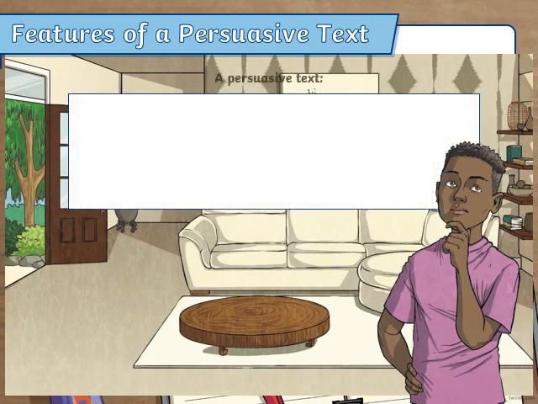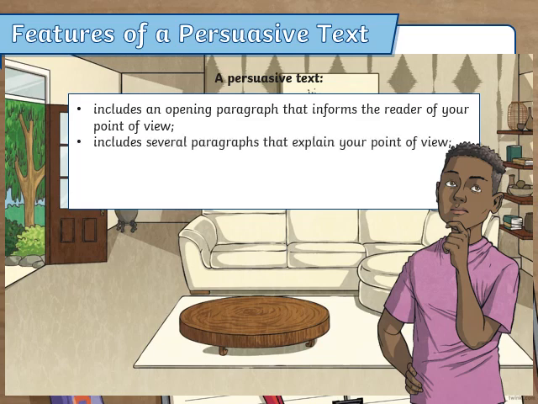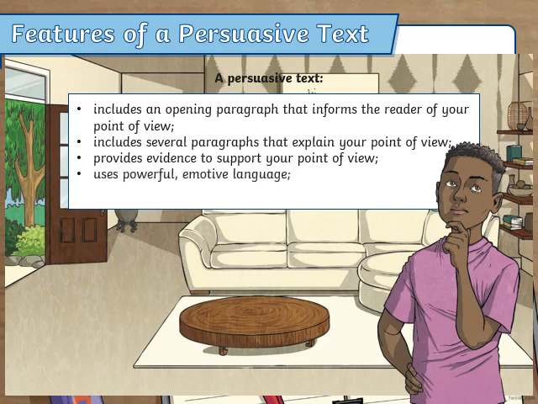Features of persuasive text. A persuasive text includes an opening paragraph that informs the reader of your point of view, includes several paragraphs explaining your point of view, provides evidence to support your point of view, uses powerful emotive language.